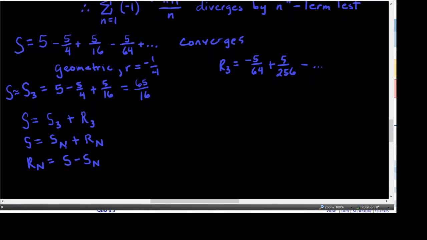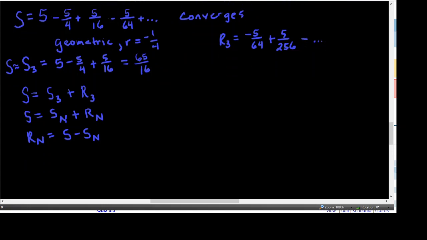Okay. And what we want to do is we want the remainder of the series, S minus the partial sum, that's the error amount.